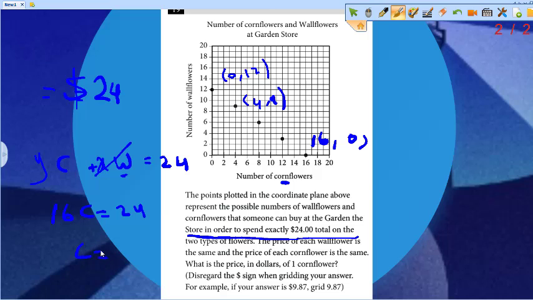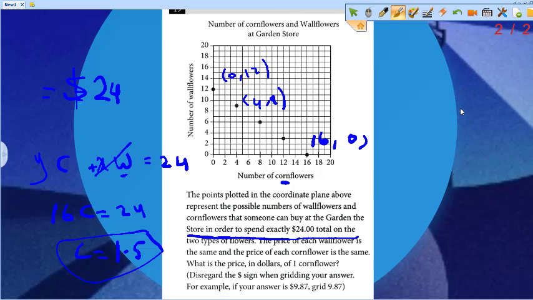It means C is what? 24 divided by 16, which is 1.5. Similarly, we can get the price of the wallflower. I'm going to spend $24 and buy 12 wallflowers. It means 12 wallflowers equal 24, so the price of a wallflower is $2.